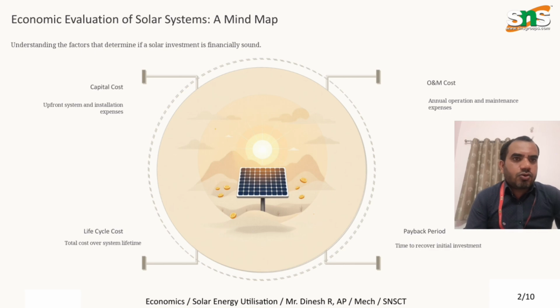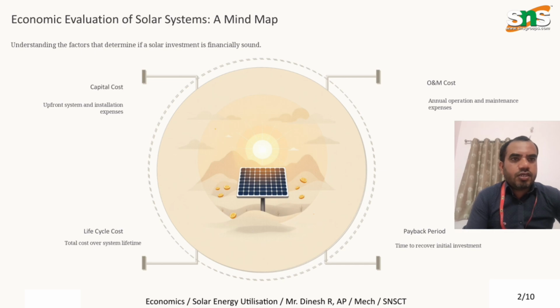Next comes the payback period, the time to recover the initial investment. For example, I am investing 3 lakhs in a solar system. How long will I take to recover the 3 lakhs, in terms of years? That's what we call the payback period.